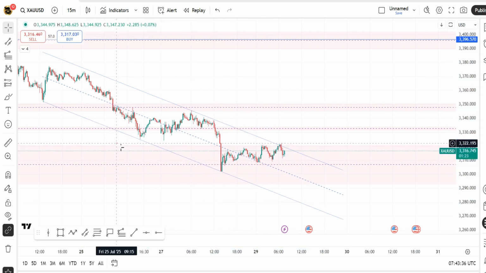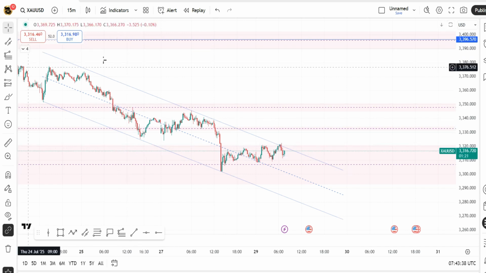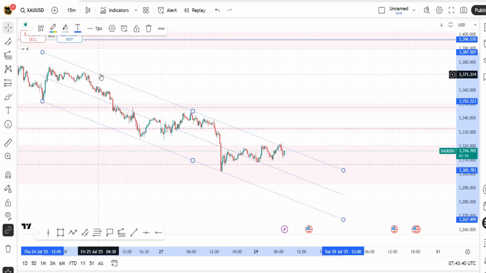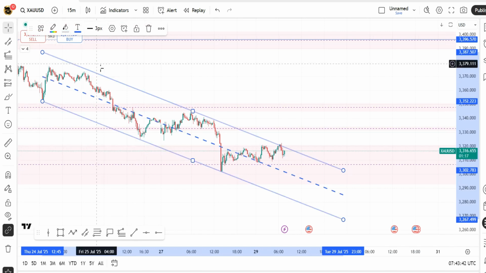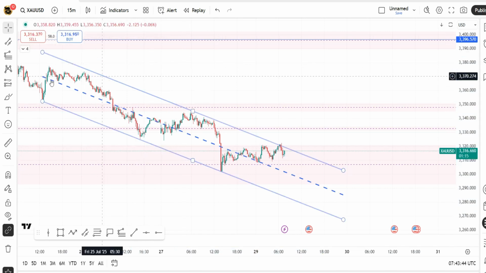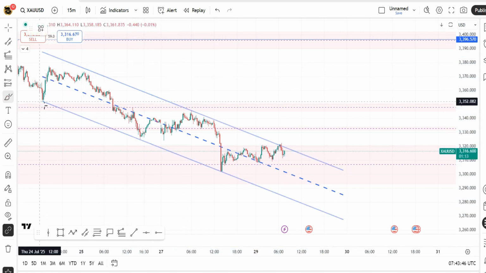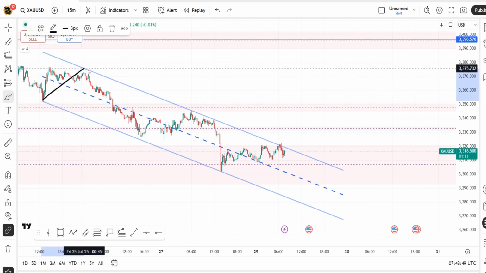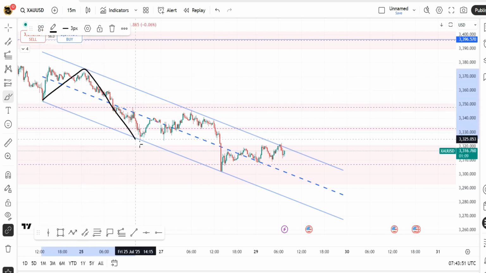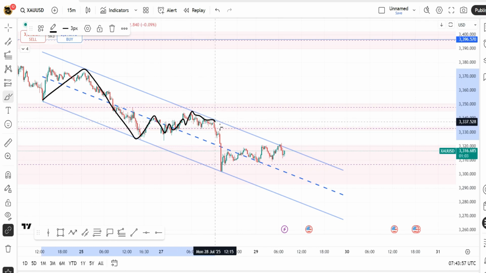Let me make it more clear so you will not be confused. The market was coming and going to the resistance, then again the market falls downside, then at this pivot area the market starts its movement toward the upside, then again the market breaks this pivot area and again falls downside.